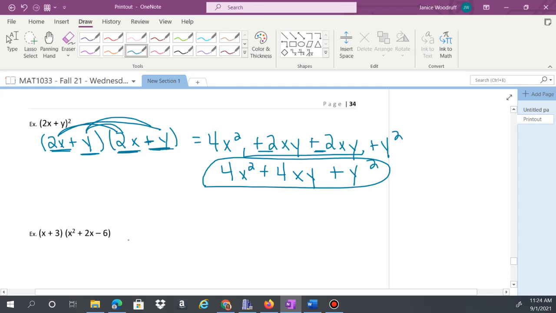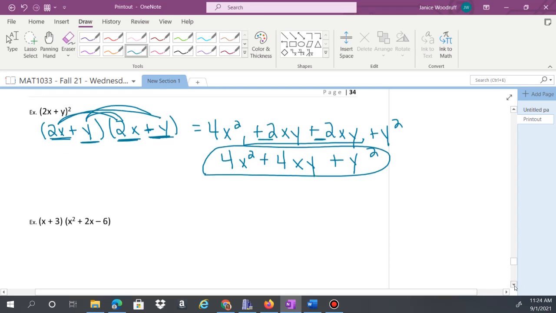Okay, then the last problem here is a little bit of a challenge one. We have a binomial times a trinomial. So you could do this with distribution, drawing your lines, but it makes it kind of messy. So what I like to do is I'm going to split this. So I'm going to split it like that, and I'm going to rewrite it twice. So I'm going to go x times the second term.